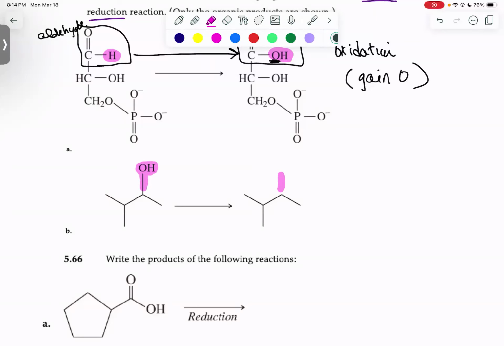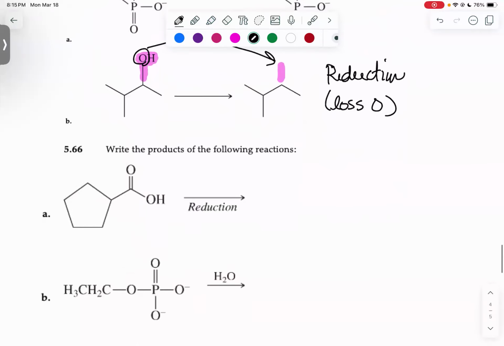The hydrogen is there, but it's bonded to the carbon and not bonded to an oxygen, which is why we don't draw it. So here, when we go from one side to the other, what we're doing is we're losing this oxygen. So now it's gone. So here, this is a loss of oxygen. So this is reduction.